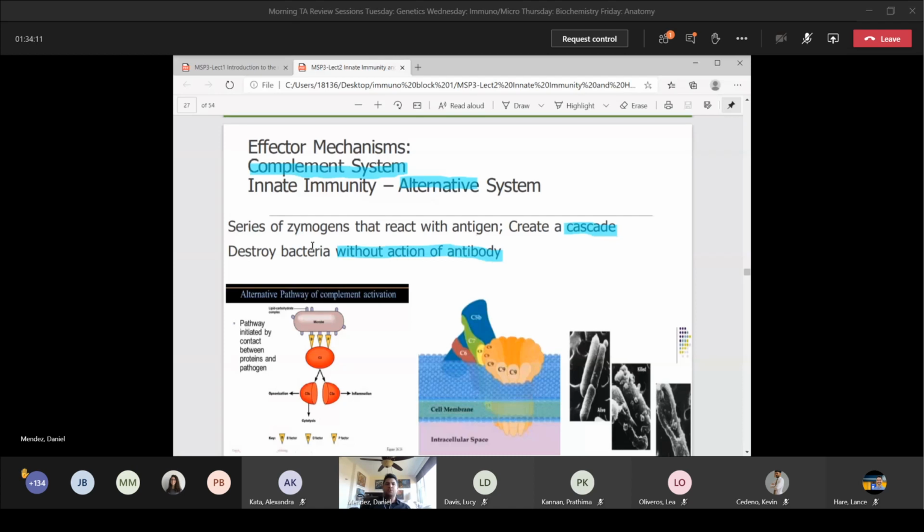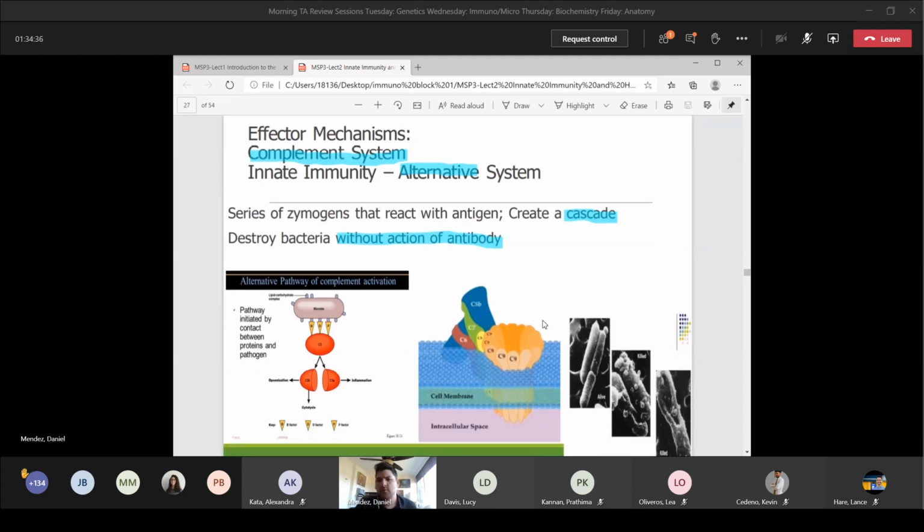A zymogen is a very large protein that once it's cleaved, it can then activate and work on the next zymogen, so it starts a cascade. Once C3 is activated, so it's cleaved and becomes C3a, then C3a will interact with another protein in the complement system, cleave that, and it'll keep going. Classical system works with opsonized pathogens.